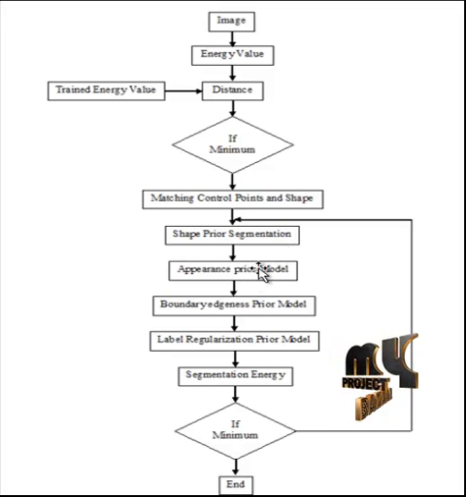After that, the appearance prior model is employed. In the appearance prior model, the identified regions were grown in the process, and the overall background and foreground regions were extracted.